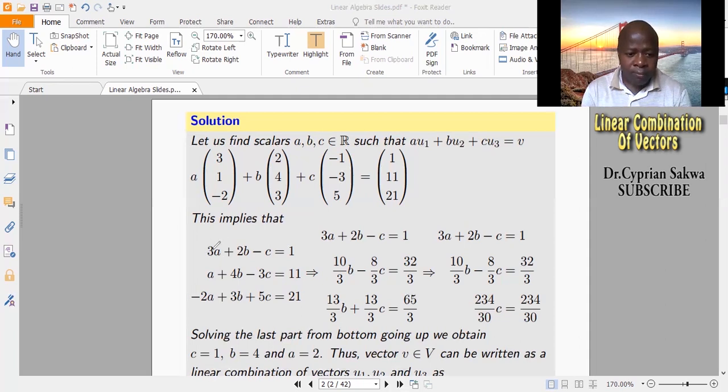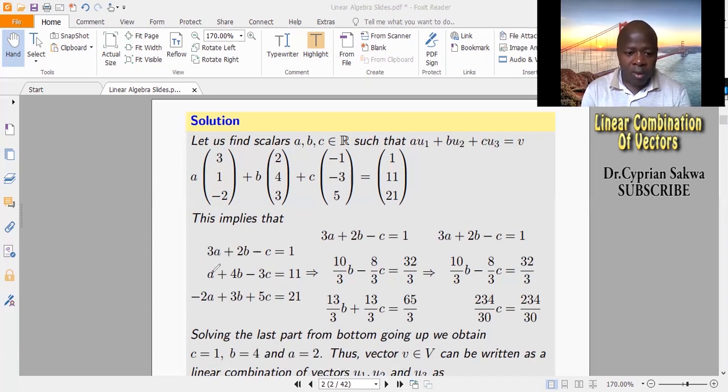So looking at this element here, this is a non-zero element. Using our knowledge of how to solve a system of linear equations by row reduction, I want to create a zero in this position, another zero in this position, using this first element. In fact, it would be easier if we were to divide the whole of this row by 3, but I just want to leave it the way it is.